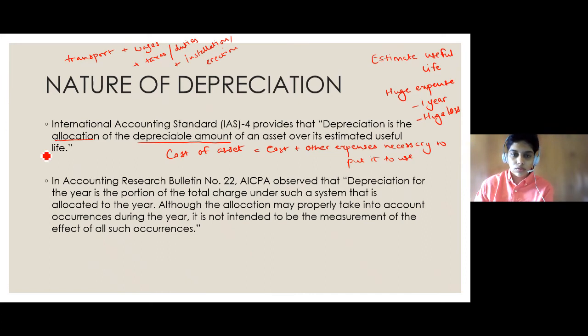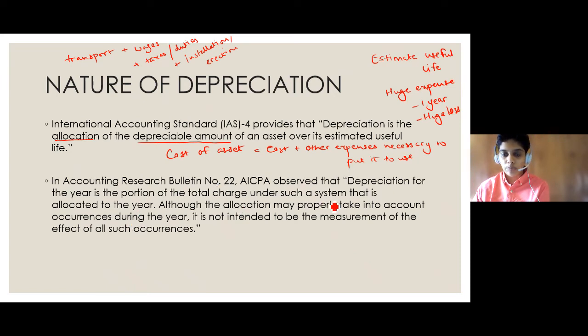Now, in the accounting research bulletin, it was stated that depreciation for the year is the portion of the total charge under such a system that is allocated to the year. Meaning the depreciation that is being charged for a year should be just for that year.